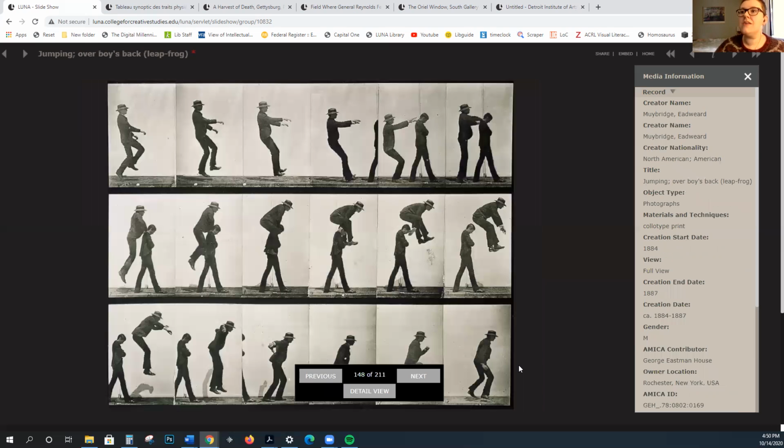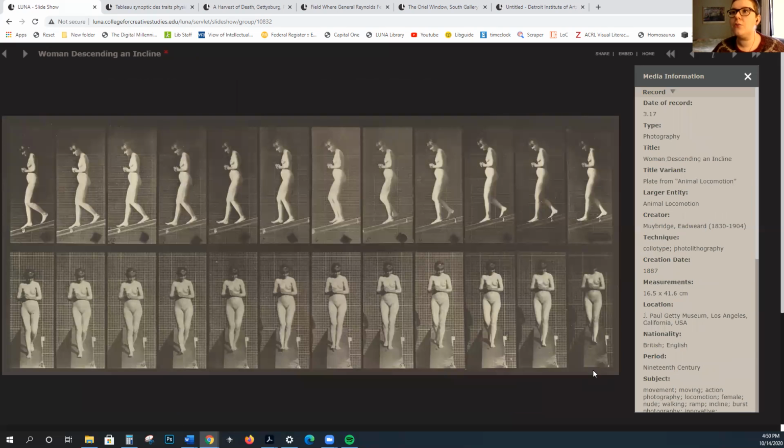But again, he does engage in some manipulation in order to create these sequences of images. So again, you can see how this would be very useful to artists who want to engage in life drawing, etc. And this is absolutely used as an aid for artists as well as an aid for science.